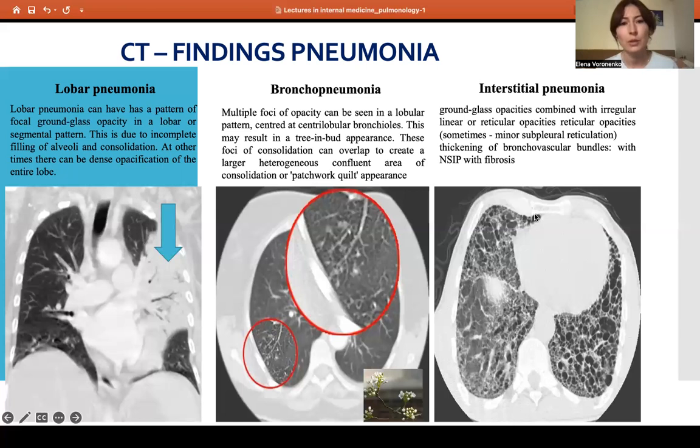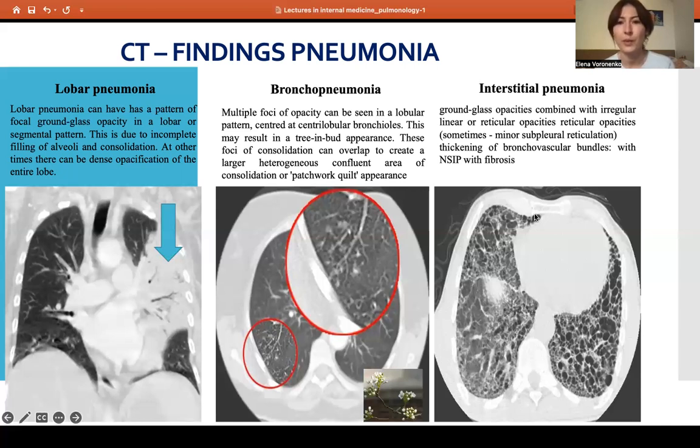Bronchopneumonia: multiple foci of opacity can be seen in a lobular pattern, centered on centrilobular bronchioles. This may result in a tree-in-bud appearance. These foci of consolidation can overlap to create a larger heterogeneous confluent area of consolidation or a patchwork quilt appearance.